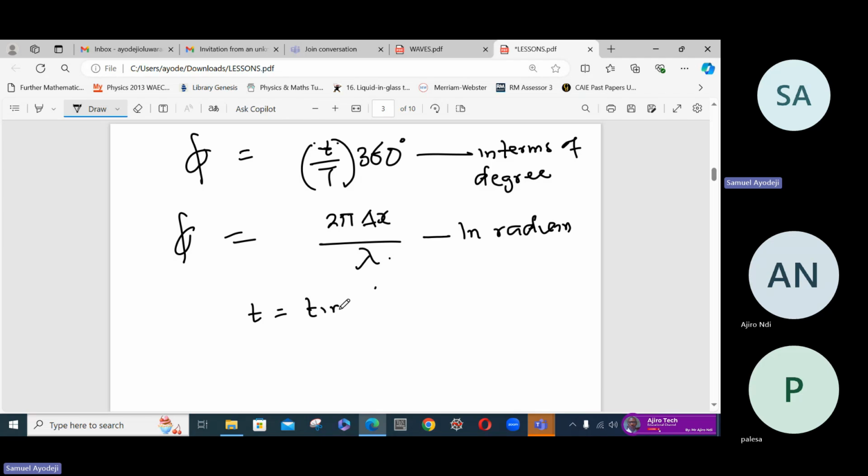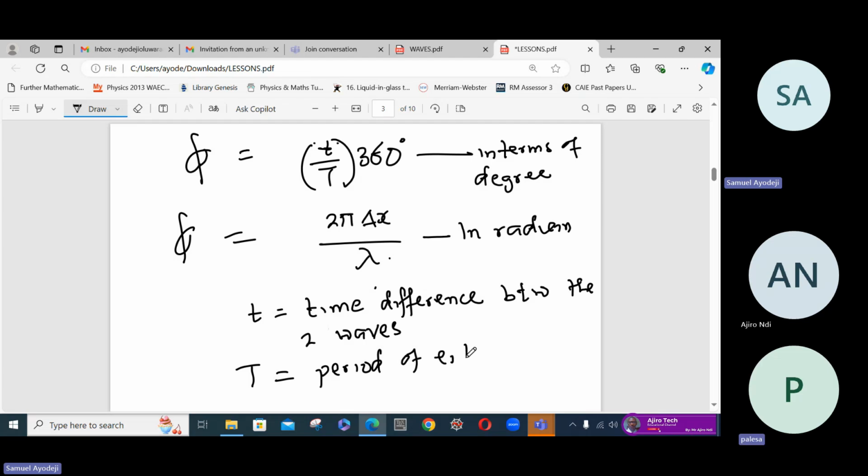So, time difference between the two waves, where there is the period of either of the waves, either the first one or the second one.